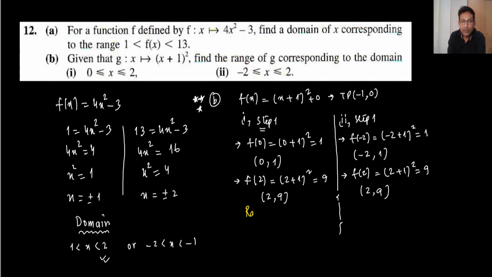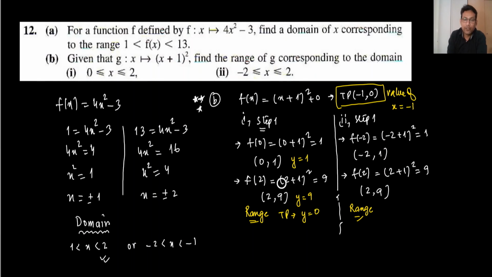If you want to find the range, I told you one thing, we always check the turning point. Check first the value of x of the turning point. The value of x is minus 1. And for this part, here y is 1, here y is 9, and at the turning point y is 0. I'm doing this part first. 1, 9, and 0.